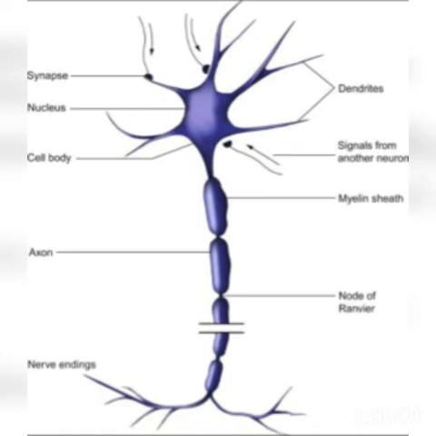The point of constriction is called the node of Ranvier. The part between two nodes is called internode, and lastly there are nerve endings. So this is about the generalized structure of a nerve cell.